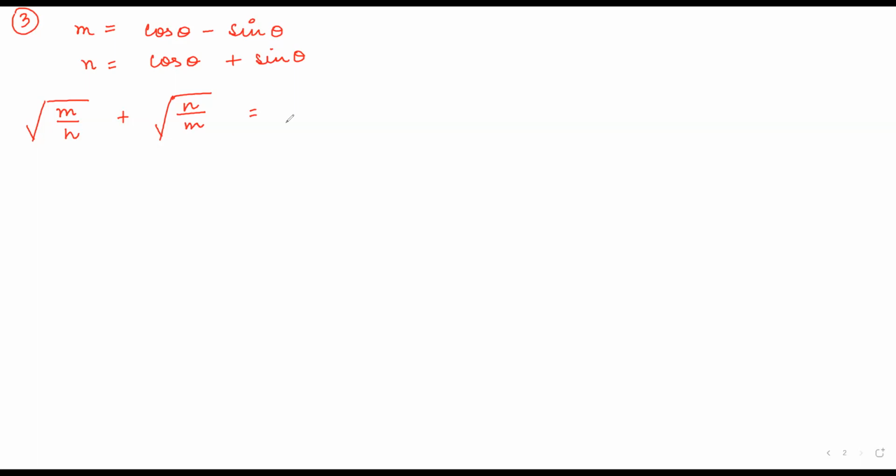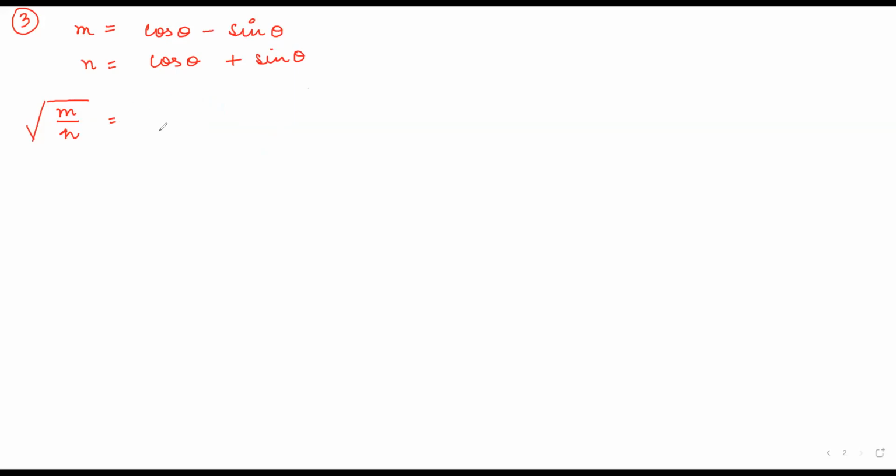You can do it together, or you can do one at a time if you wish, right? If I just, let's say I want to find the value of only under root m upon n, I think that way also, I have not done it, but let's see what comes out. Fine, Harsha. And then I'll add the two values. Can I do that? Okay, ma'am. Yes.